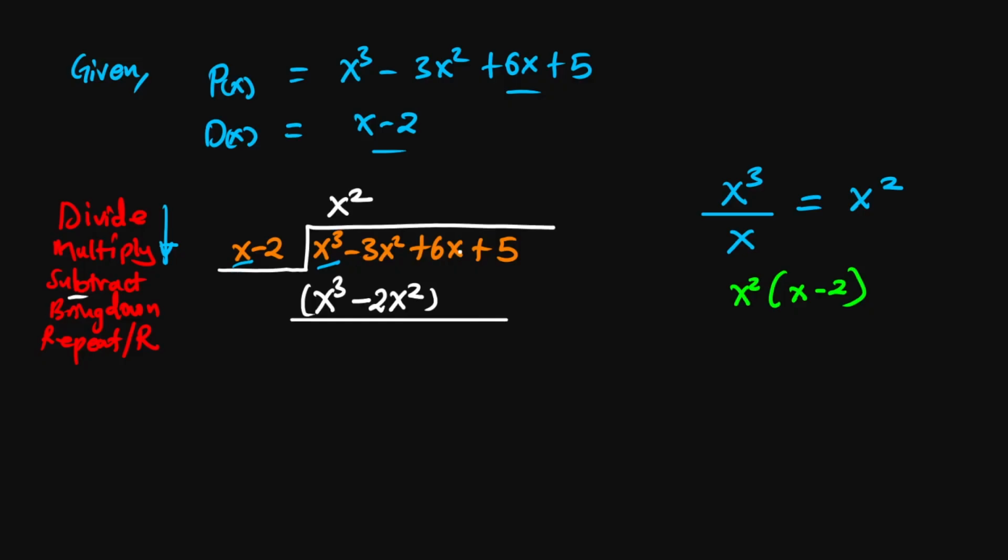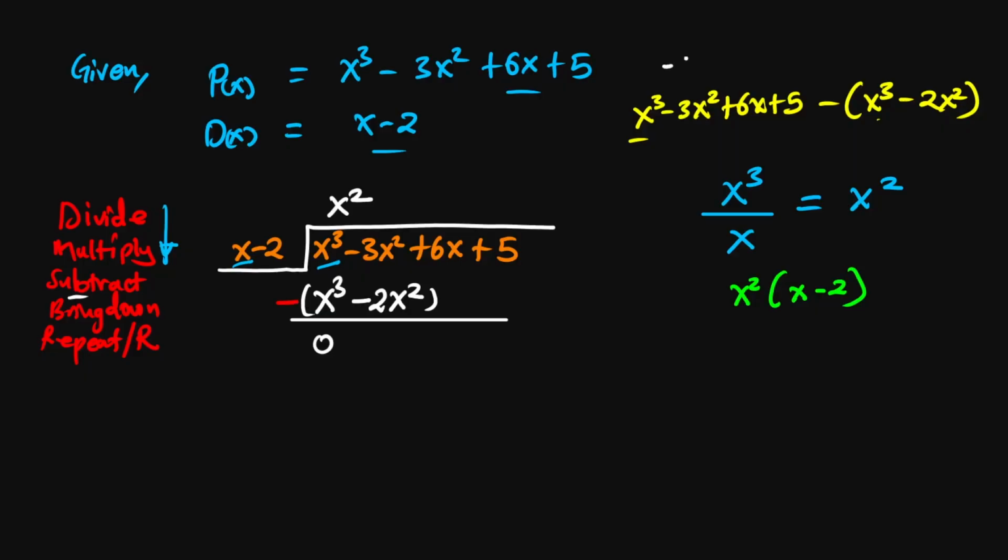We will have this polynomial minus this. We have x cubed minus 3x squared plus 6x plus 5 minus x cubed minus 2x squared. The x cubed minus x cubed gives 0.